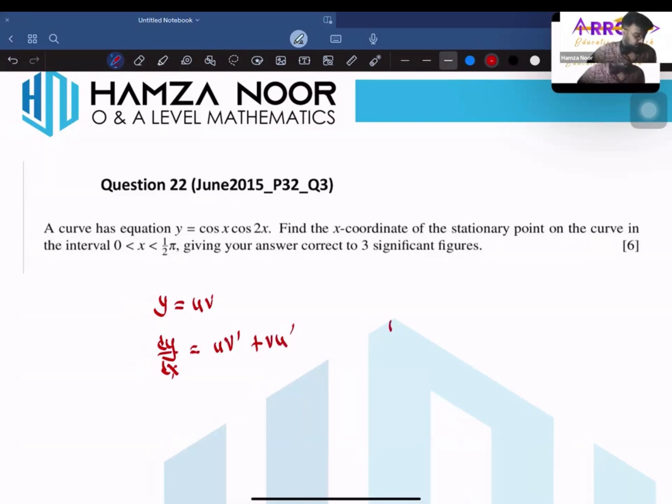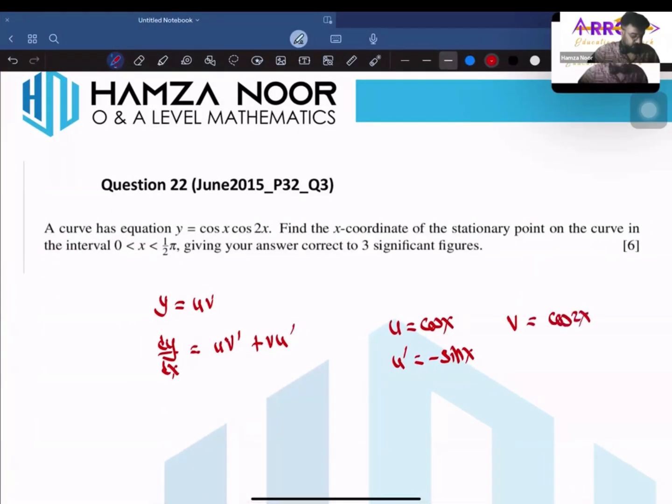So u is equal to cos x, therefore u dash is equal to minus sin x, and v is equal to cos 2x, therefore v dash is equal to minus 2 multiplied by sin 2x. This form is also established through the chain rule.